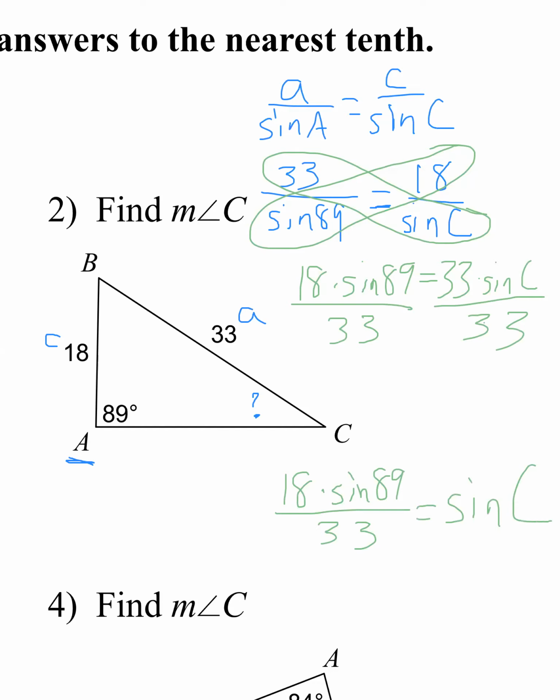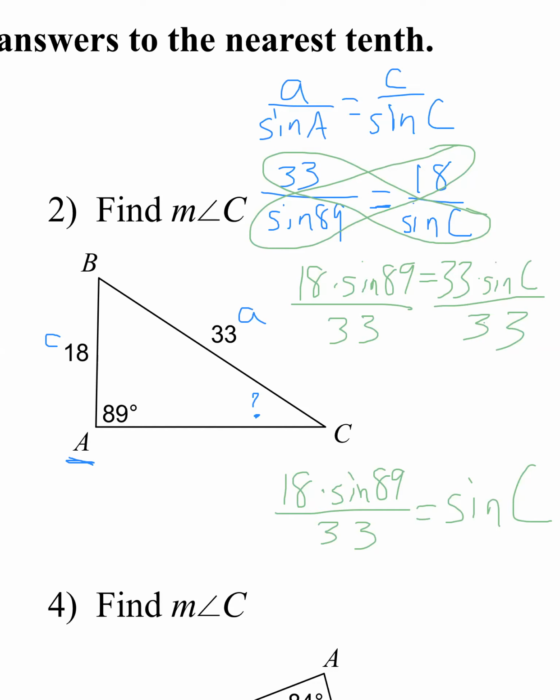Now you are ready for the calculator, but you have to remember what to do. If you don't know what the angle is, what do you always have to do? I hope you remember and you're thinking, oh, I have to hit second sine. We need that inverse function.